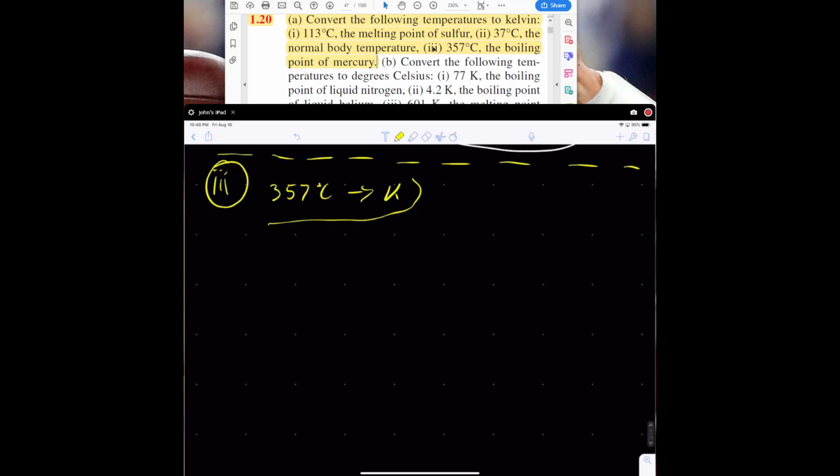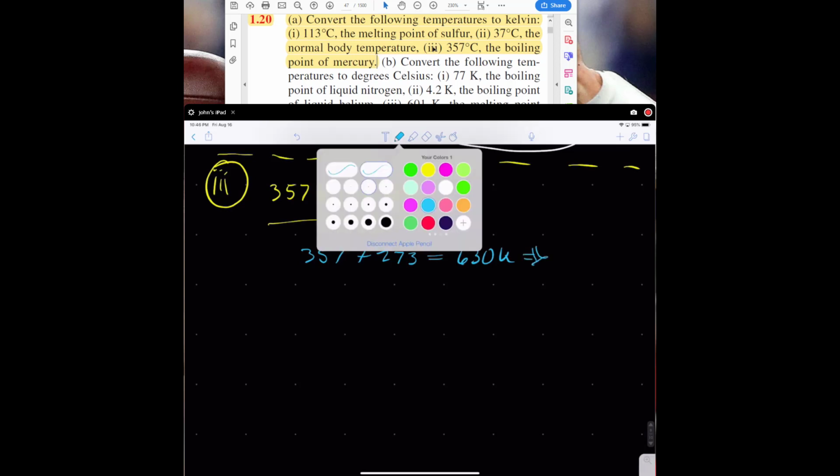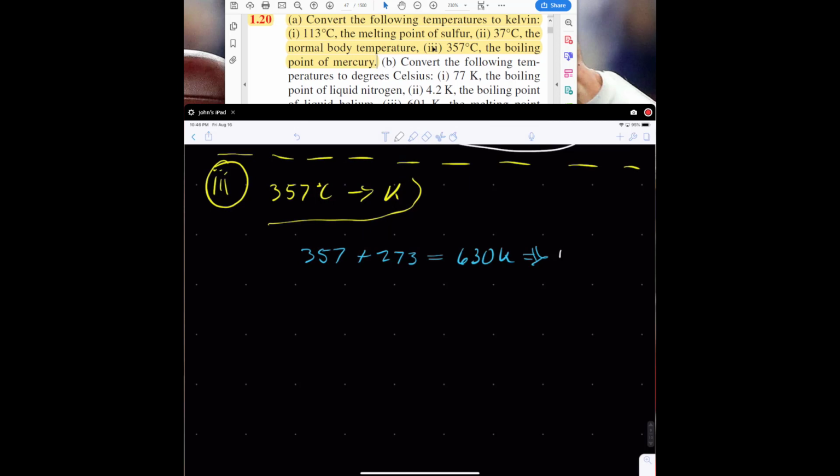Just doing 357 plus 273 is equal to 630 Kelvin. We have to convert this to scientific notation. So that's going to be 6.30 times 10 to the 2 Kelvin. Okay? And that's our answer.